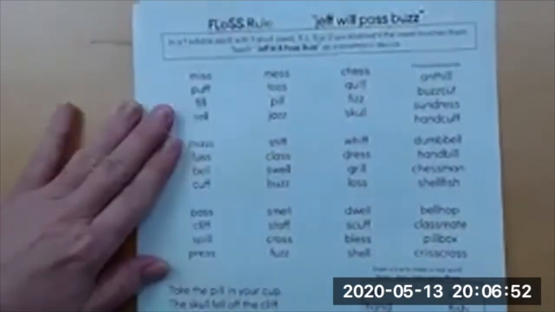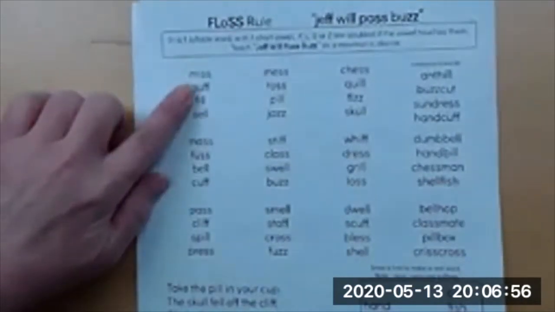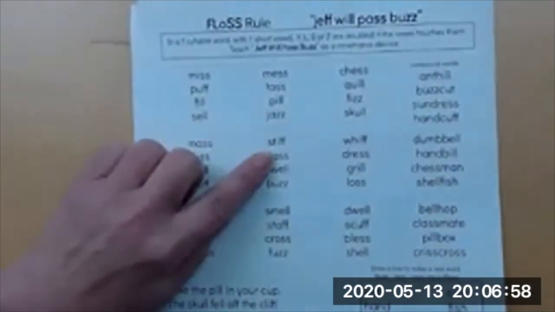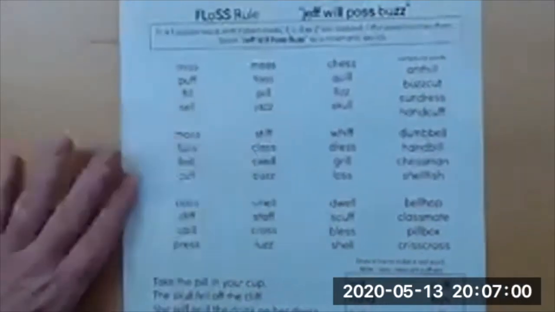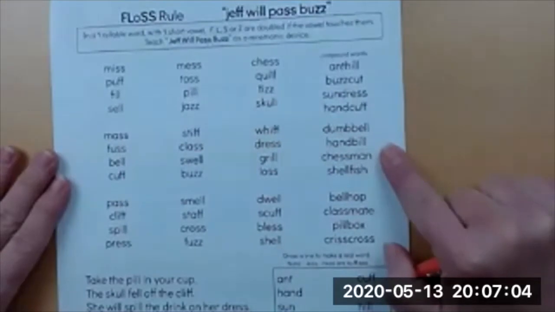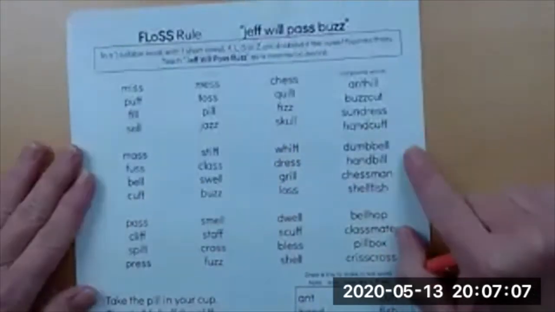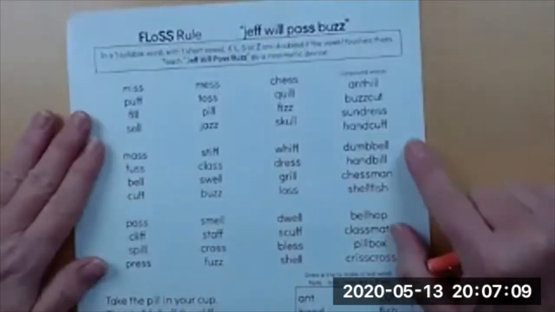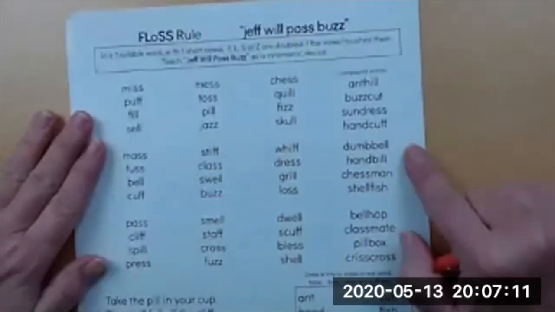So you have a list of words to use that have one beginning consonant, words that have two beginning consonants, and also compound words if your child is at that level. But always remember when you're using one of these pages that there's multiple skill levels available on the page.